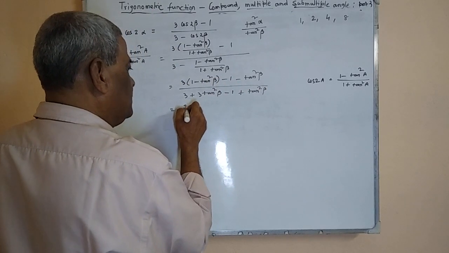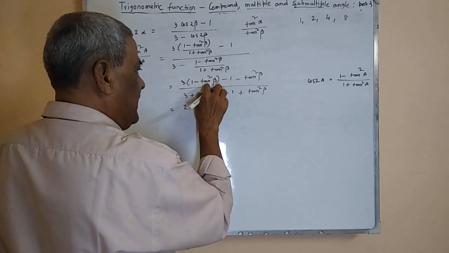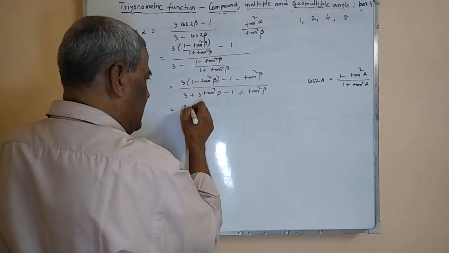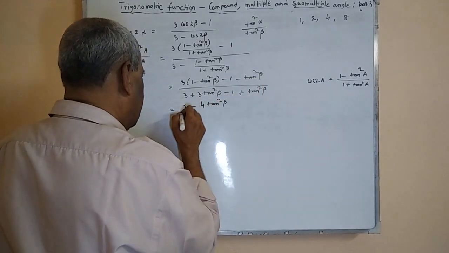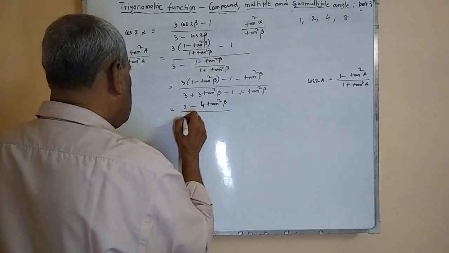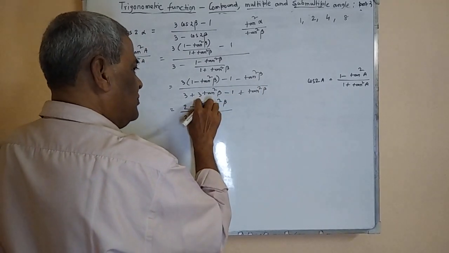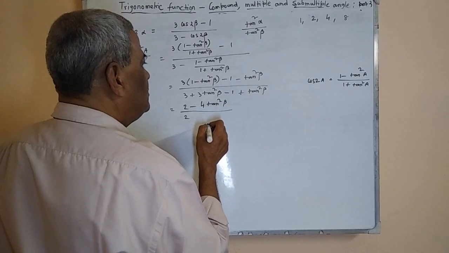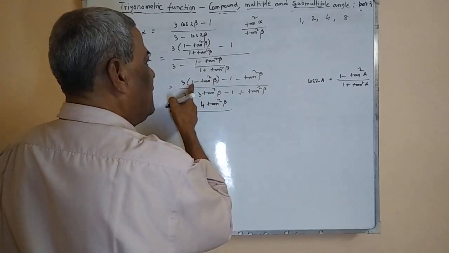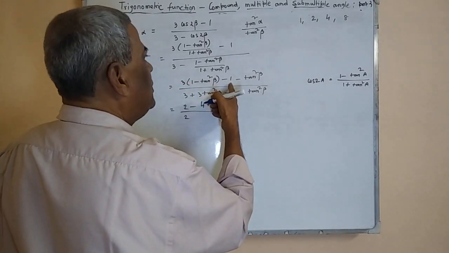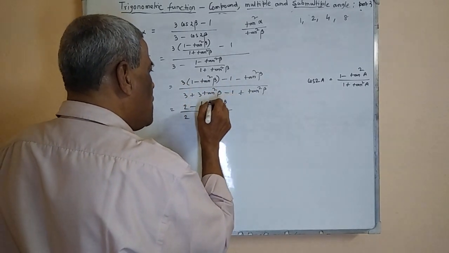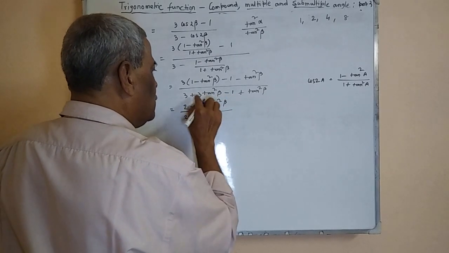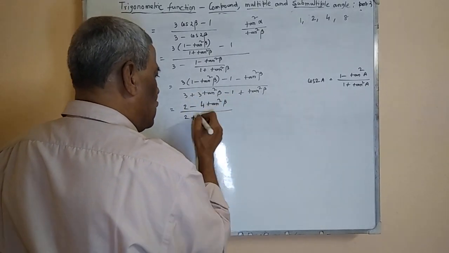The constant is 2, minus 3 tan square beta minus tan square beta by, the constant is 2, 3 minus 1 is 2, okay, and this is plus 4.